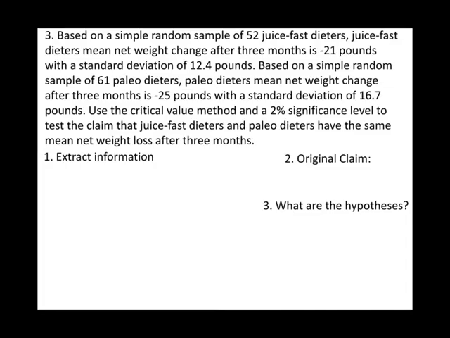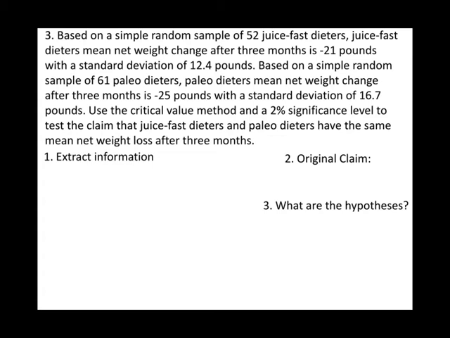Okay, last one. And this time we'll be using the critical value method. Based on a simple random sample of 52 juice-fast dieters, juice-fast dieters' mean net weight change after 3 months is negative 21 pounds, with a standard deviation of 12.4 pounds.